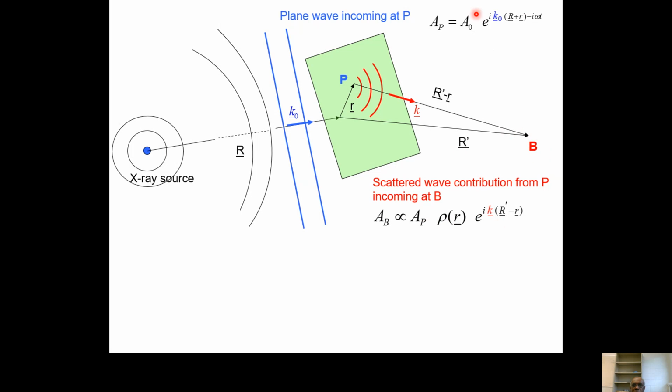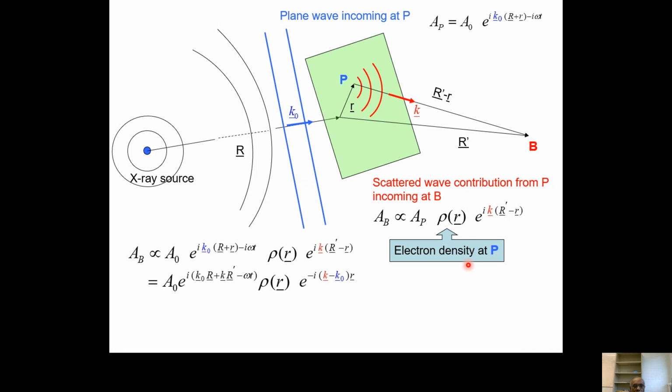So now we know AP. AP we can write from here. If I plug in AP from this one, what I get is, yeah, this rho(r) was the electron density. So then I can write AB as the incoming wave AP, then rho(r) times this one. Now just separate all the constant terms here and take only the r terms.